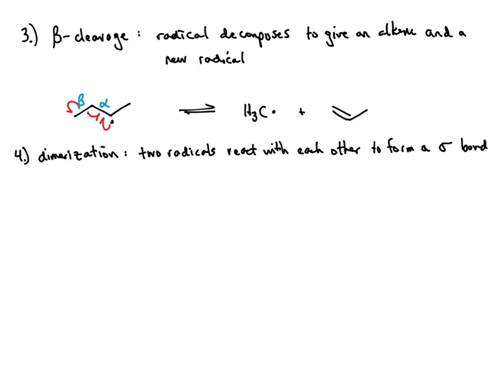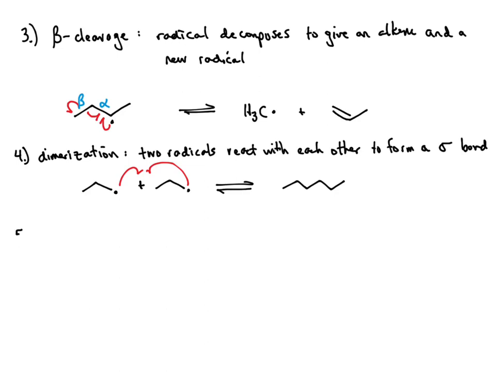And so we can say this radical is reacting with this radical to give us a hexane. And we can couple those two electrons together. Right, so this is a dimerization reaction.